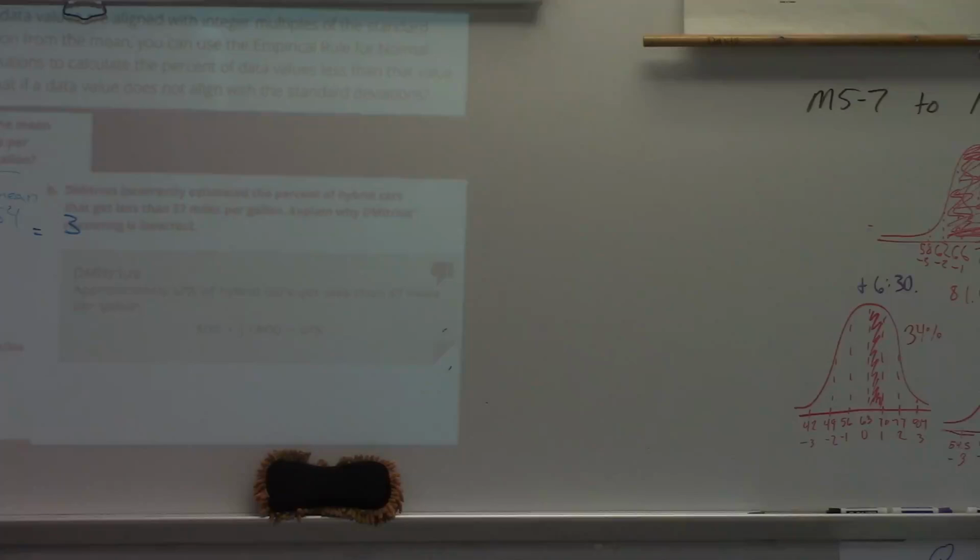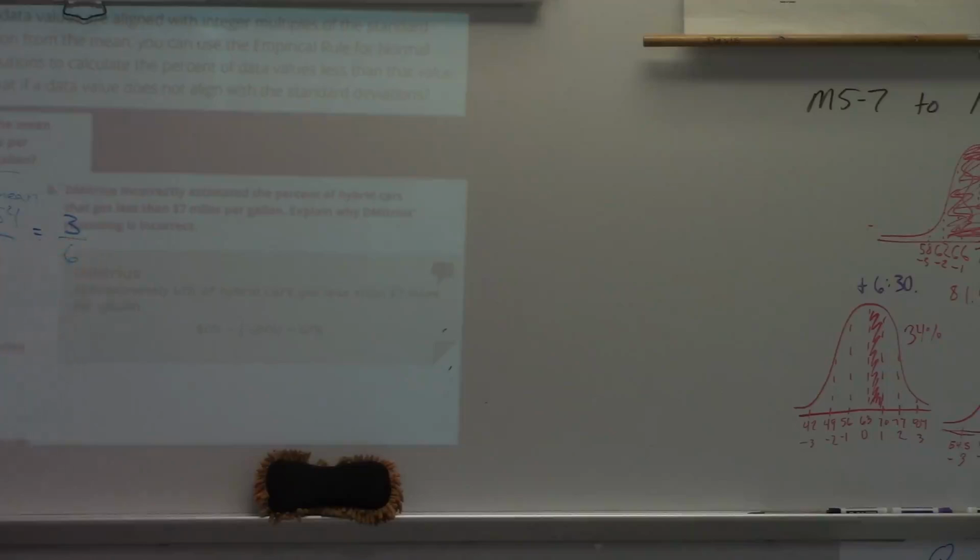Using that 6, what could I do to that 3 to get 1/2? Not divide it by 2. What could I do to 3 with the 6 to get that 1/2? I would say 3 divided by 6, right?